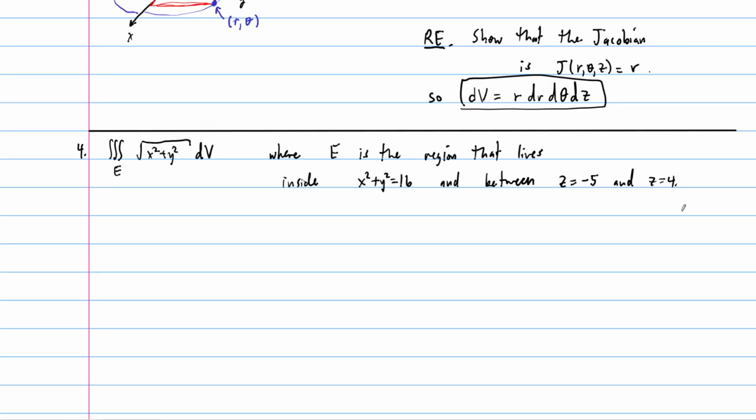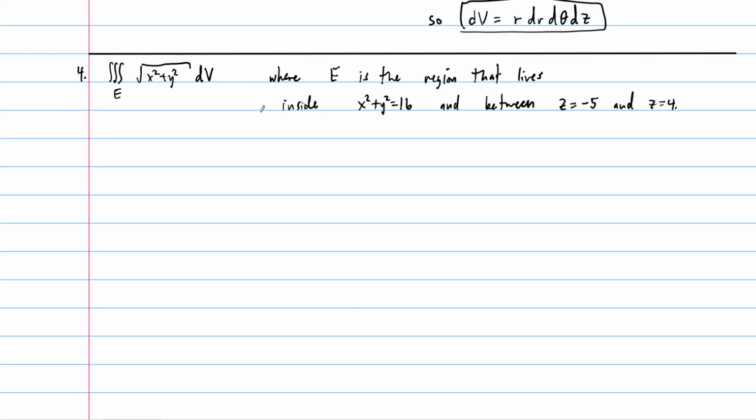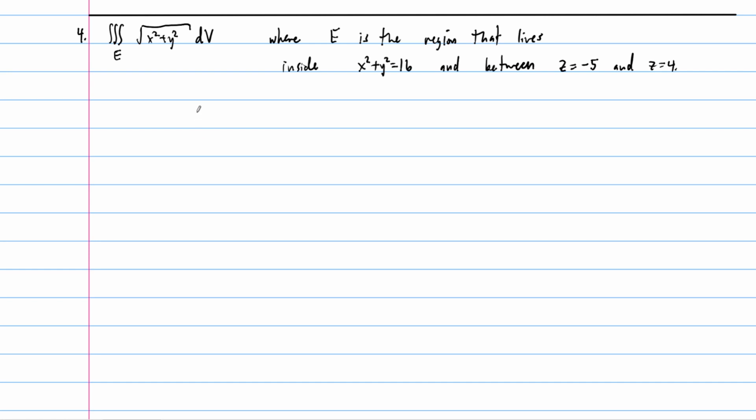All right, so it's actually a pretty straightforward region if we're thinking in cylindrical coordinates, and I'll sketch it for us here. But the key, when you do these on your own, is to make sure that you think in cylindrical coordinates.